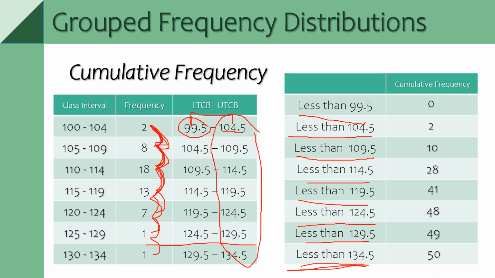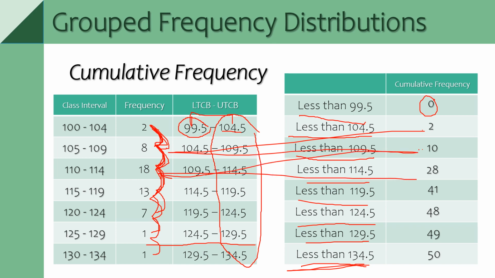Okay, so yung shortcut dito, mag-start lang tayo sa 0 and then 2. Copy si 2. So, 2 plus 8 is equals to 10. 10 plus 18, we have 28.